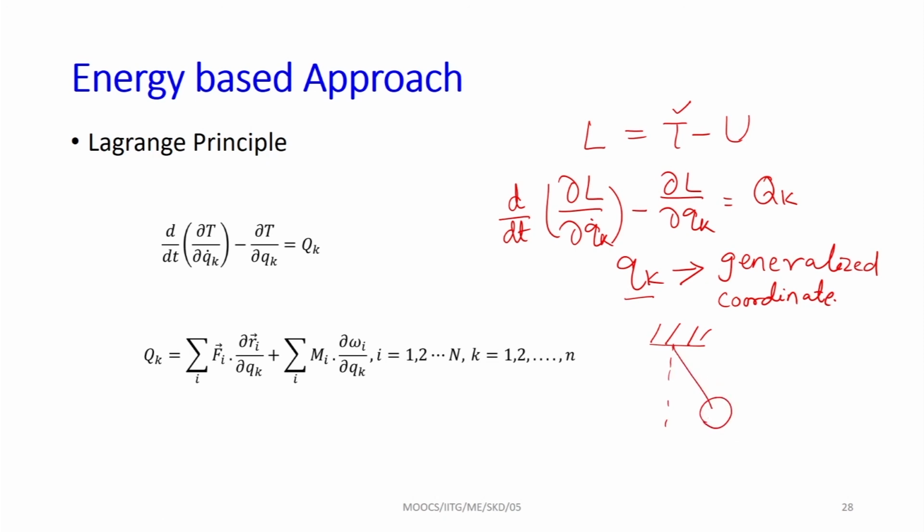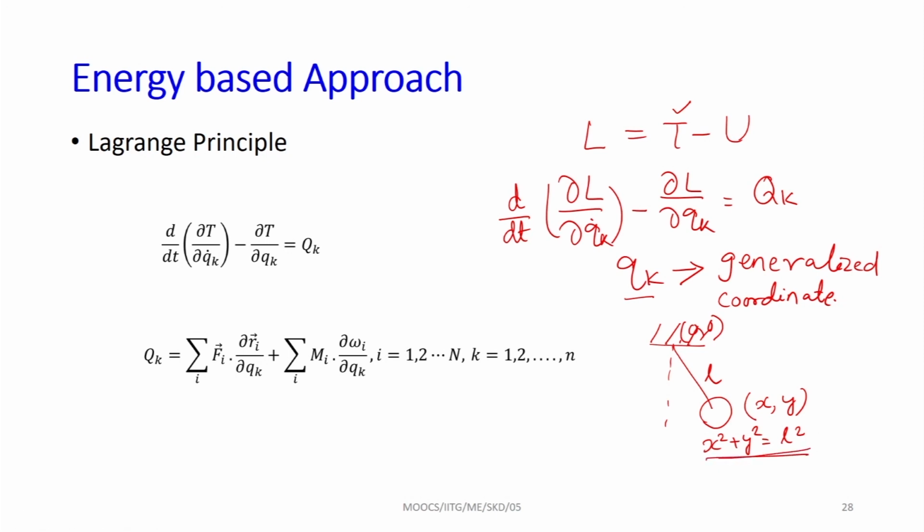For example, in the case of the simple pendulum, you can write down the equation using the coordinates x and y, that is, the physical coordinates. But you can see that x and y depend on each other. They are related by the constraint equation x square plus y square equal to L square. If this point is taken as the 0, 0 coordinate and this is x, y, then the length of the simple pendulum is constant, so x square plus y square equal to L square.